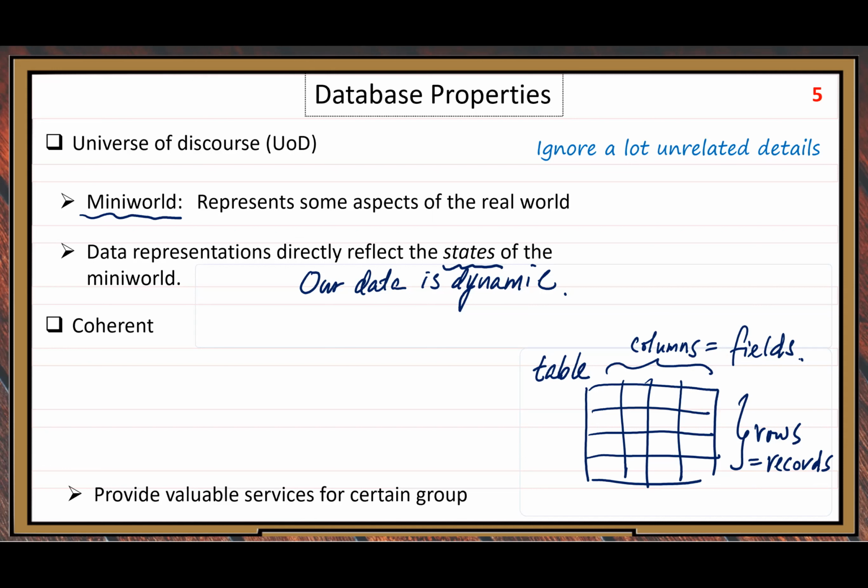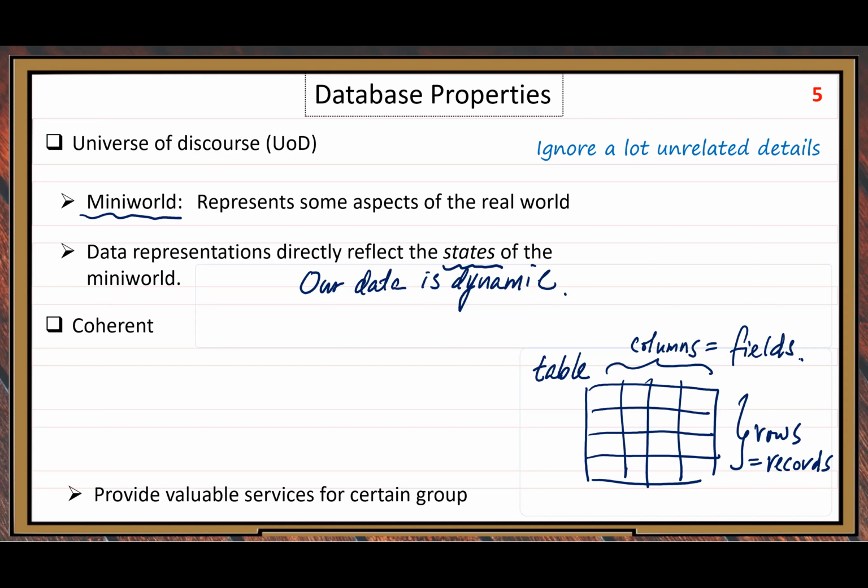Now here, we need to connect the data to the business. When we talk about this coherent concept, you need to connect to the business. You need to be familiar with the business.